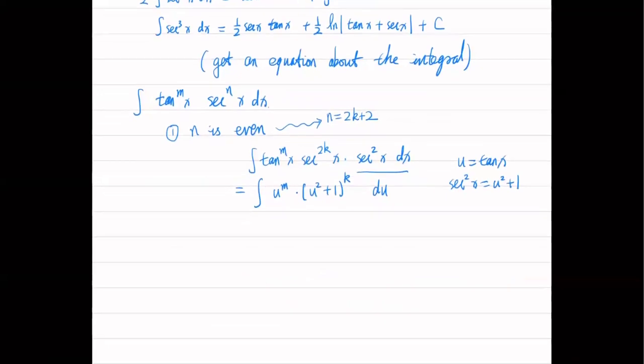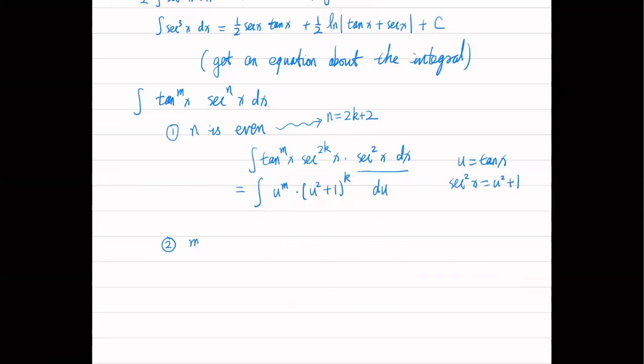Second case, when m is odd. M is odd, so we use m equals 2k plus 1. Tangent 2k plus 1 x secant n x dx.